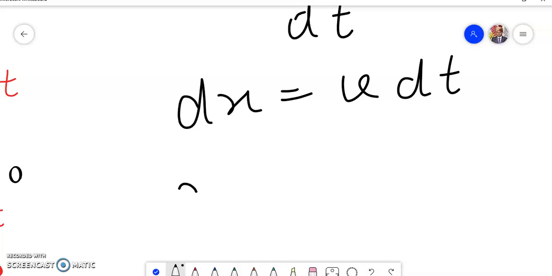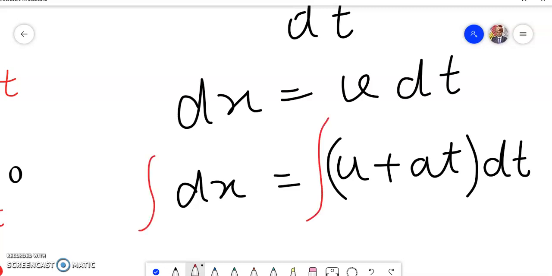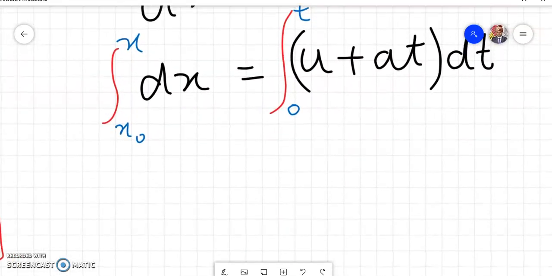So it is dx is equal to u plus at dt, and now we will integrate. See, initially time was 0, displacement is say x0. Finally time is t, so displacement is finally x. So now we will integrate this.